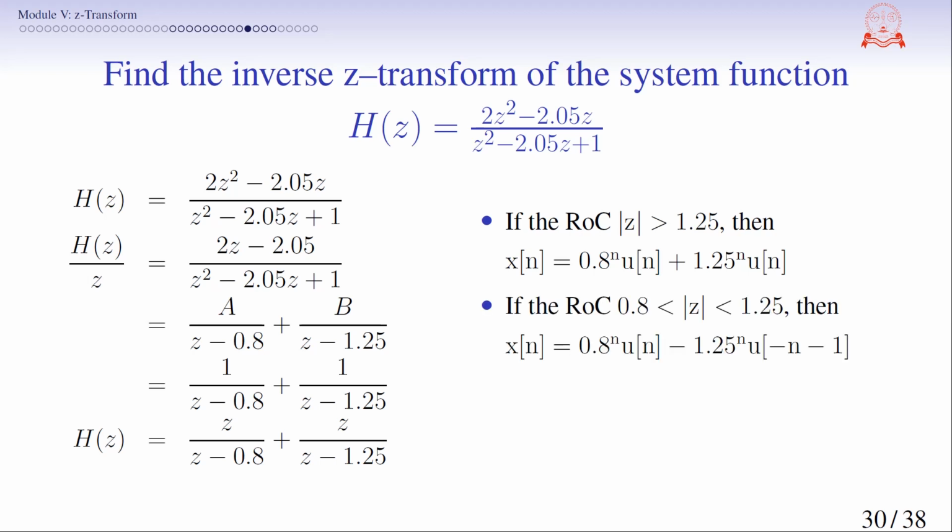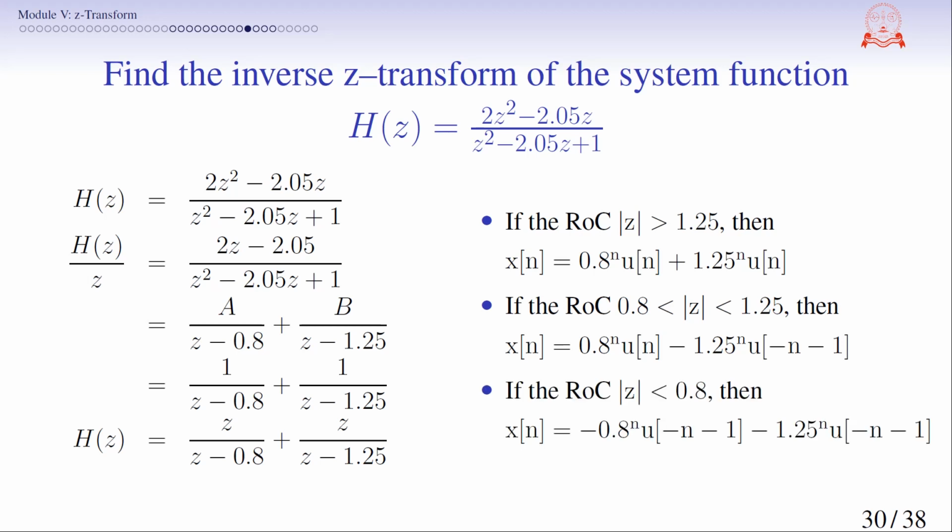Next, if the ROC lies in between 0.8 and 1.25, then x of n is 0.8 raised to n u of n, and the other is inside the circle, so minus 1.25 the whole raised to n u of minus n minus 1.